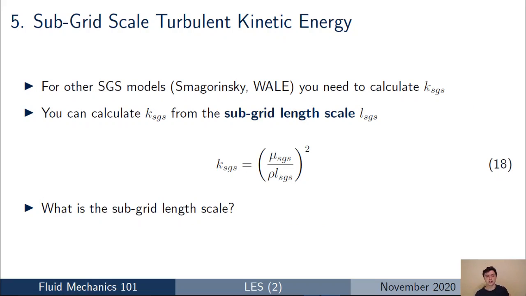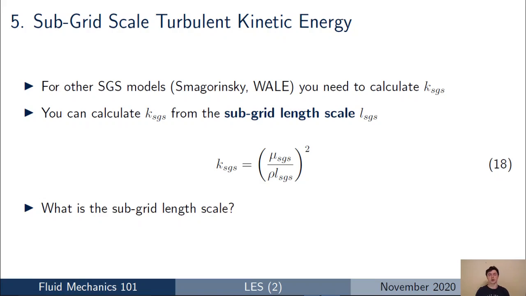But what if you were using a different subgrid scale model to calculate the dynamic viscosity? Well, for some of these models, you can calculate the subgrid scale turbulent kinetic energy from the subgrid length scale.